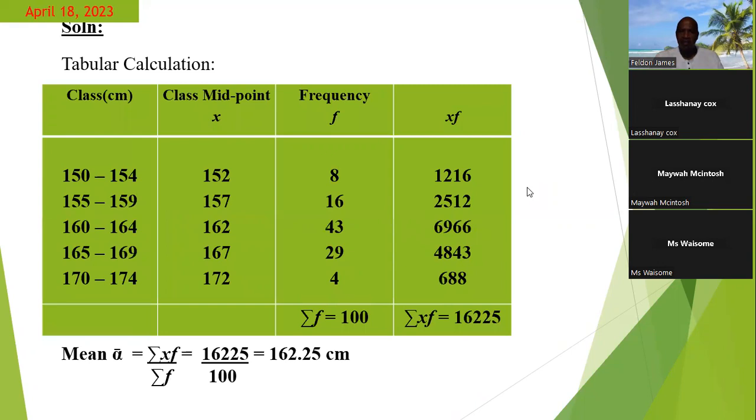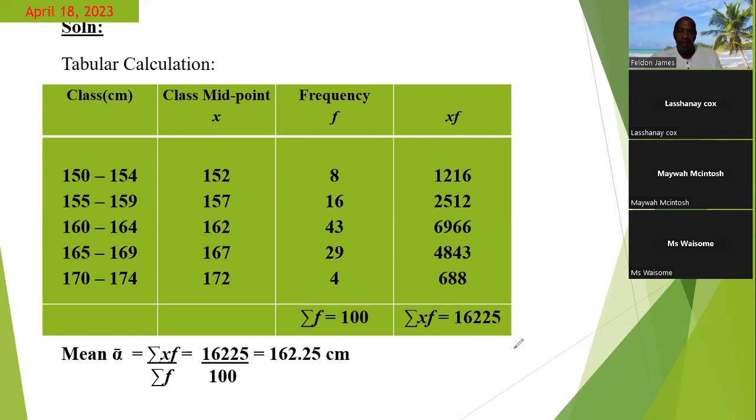So our solution table will look like this, and clearly our XF value is supposed to be 16,225. Who was the person who got the 28 thousand? Sir Cox. Okay, check and see which of your XF values would be off, or see if you missed out anything or added anything when doing your calculation.